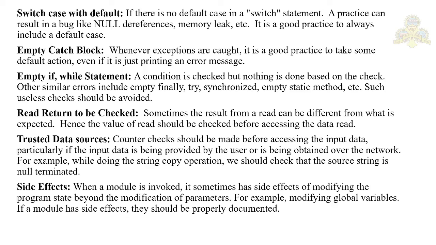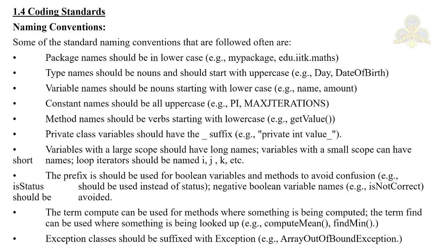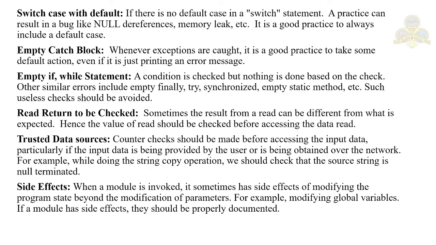Similar is the case with network data, which may be sniffed and prone to modifications or corruptions. To avoid these problems, we should put extra checks like parity checks, hashes, etc., to ensure the validity of the incoming data. There are two more which are not mentioned here.